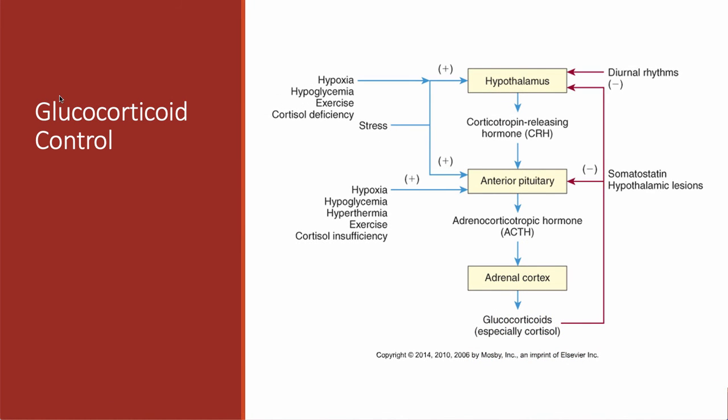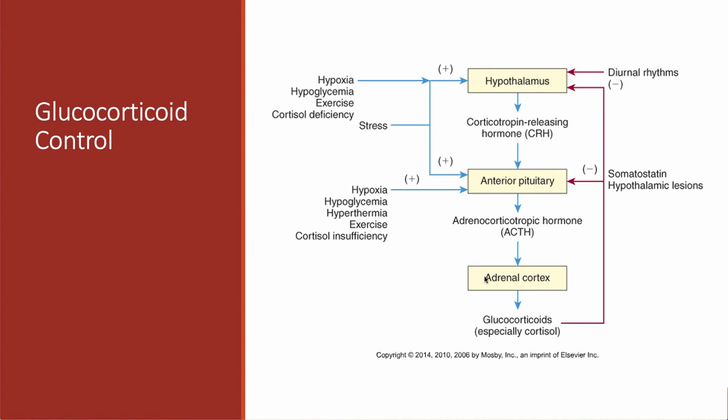So let's talk about glucocorticoid control. Well, remember we have this same negative feedback loop that we had talked about before. The positive feedback loop is where there's the hypothalamic CRH that gets sent to the pituitary gland. The pituitary responds by producing ACTH.